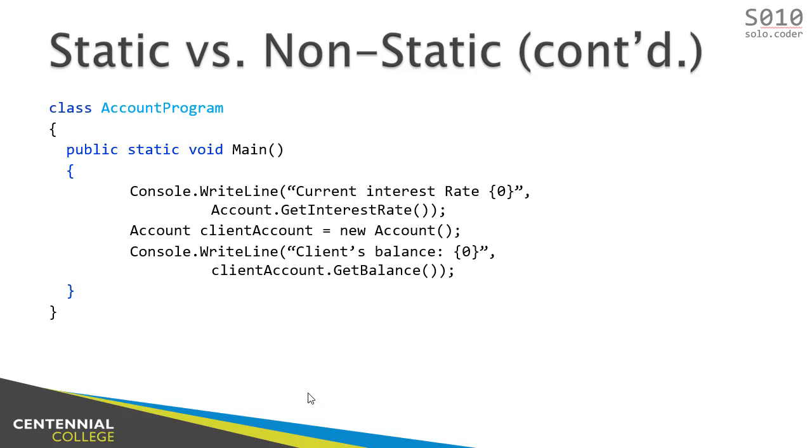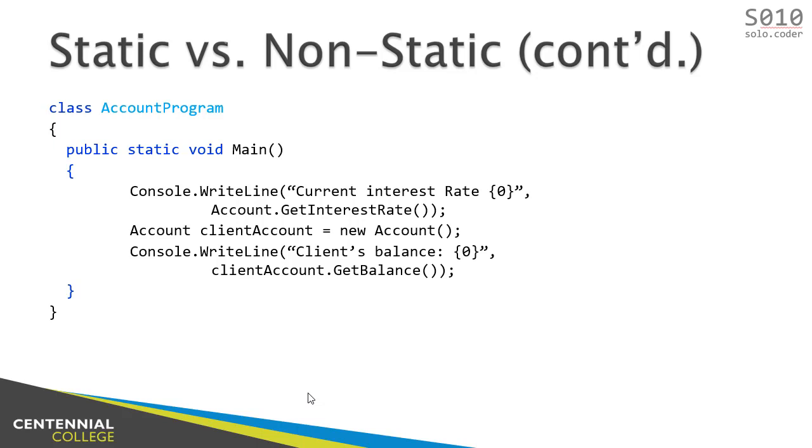I get it if this is not super clear, but as we practice this, it will become more and more clear. But keep in mind that we have static and non-static methods, not just methods, but properties, fields, members in general. We have static members and non-static. For static, you're going to see the keyword static. For non-static, there's no keyword non-static.